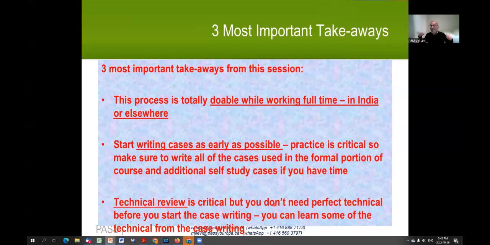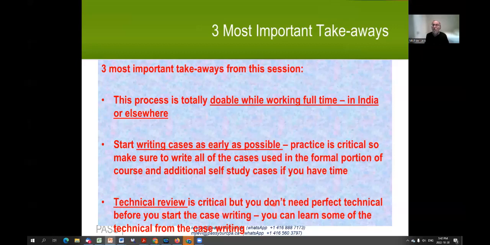Don't have the attitude, "Oh, I can't start my case writing because I don't know my technical perfectly." You can learn a lot when it comes to writing cases well before your technical is fully up to speed. So there's no question you need to do a technical review, but don't wait until your technical is perfect before you begin your case writing. You can, number one, still begin to acquire good case writing skills before your technical is fully up to speed.